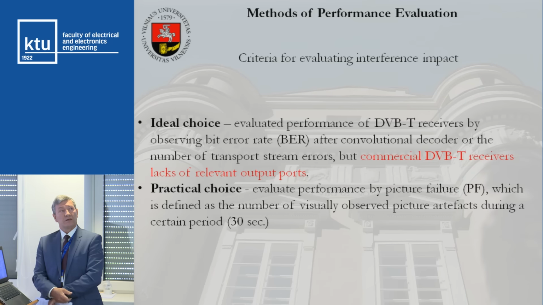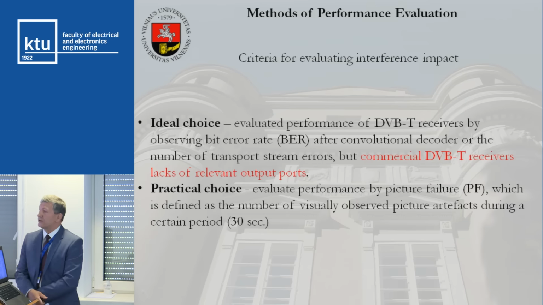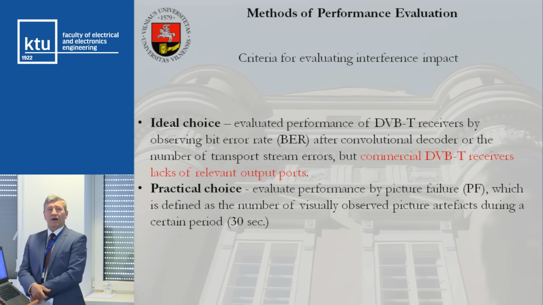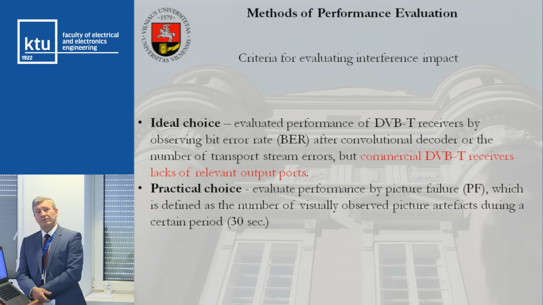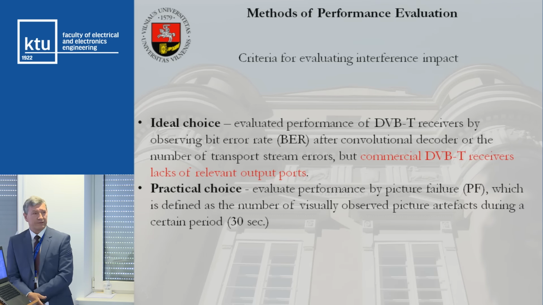Ideally, a DVB-T receiver should be evaluated by observing bit error rate after the convolution decoder or a number of transport stream errors, but such measurements are not possible because commercially available DVB-T receivers lack such ports.